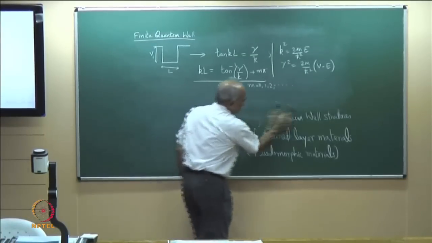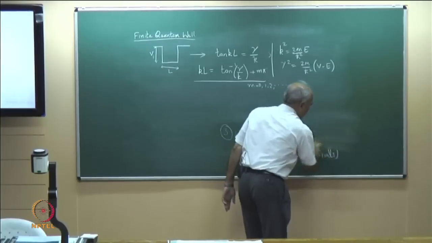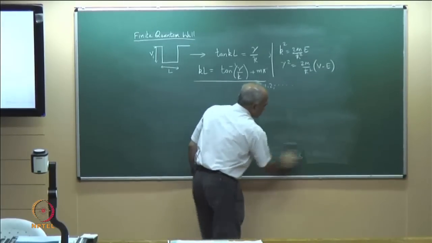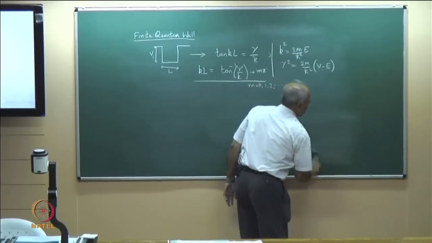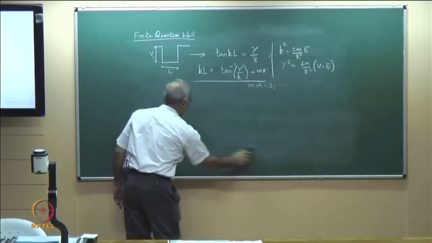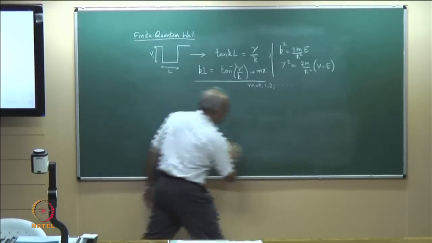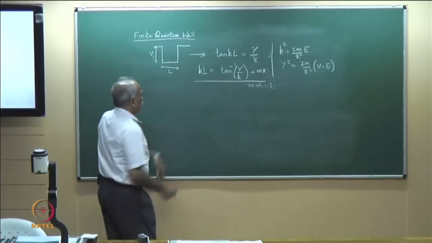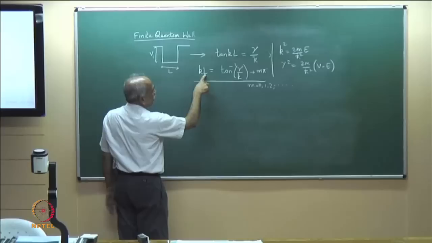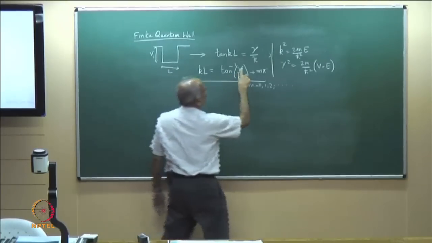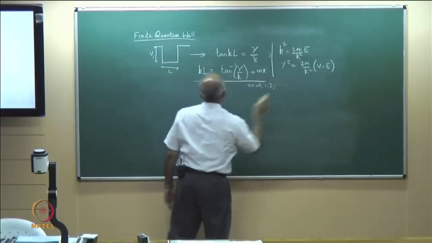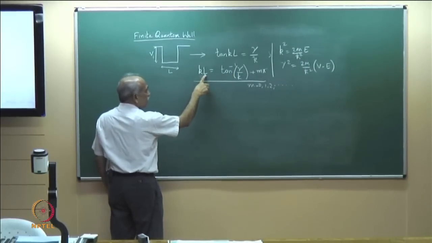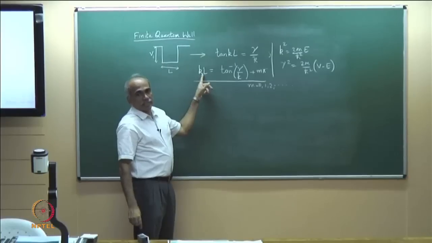For a given L, we are continuing the discussion of the last class, but in the context now of bandgap engineering, bandgap tailoring. For a given L, please see that gamma and K contain E. This will give energy eigenvalues, and therefore, for a given L, you can find out the energy eigenvalue.